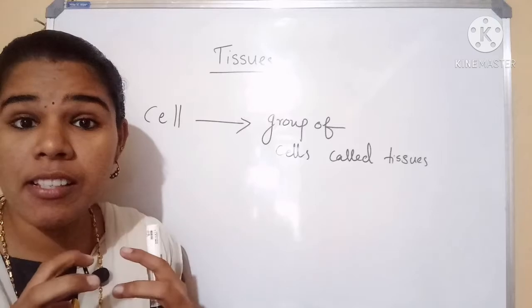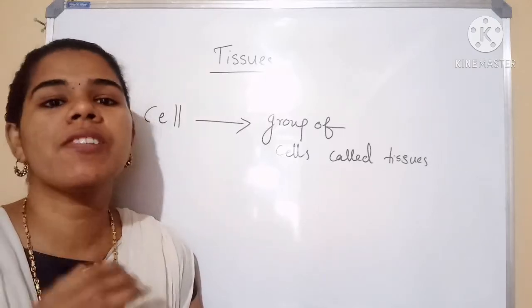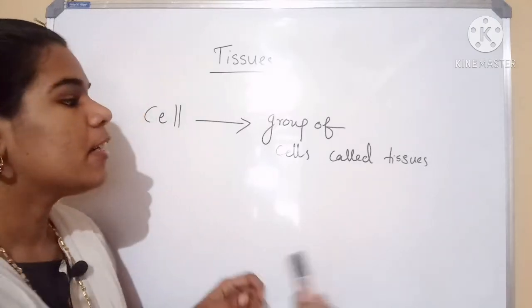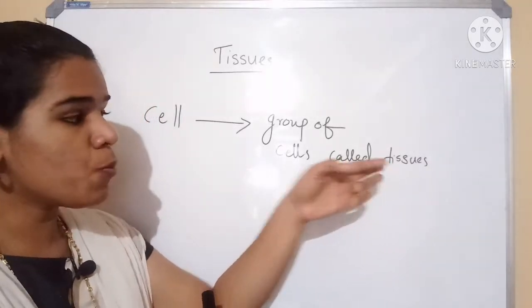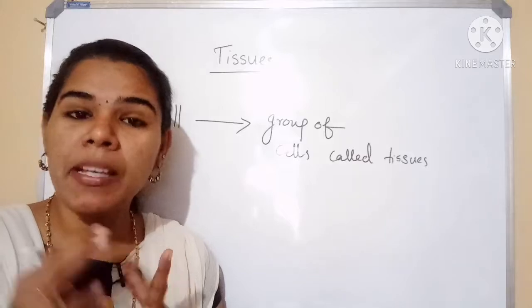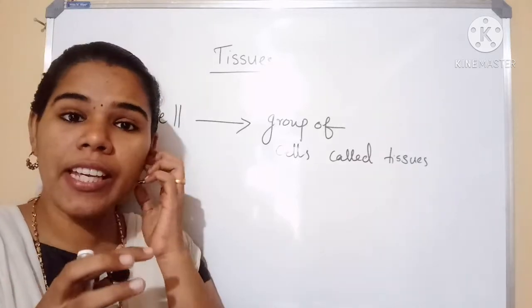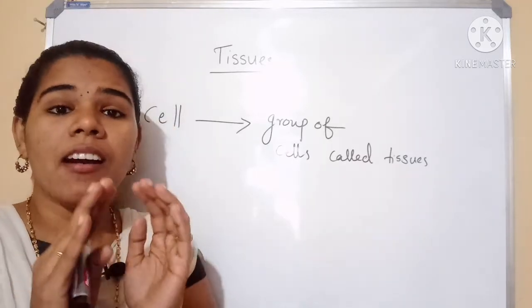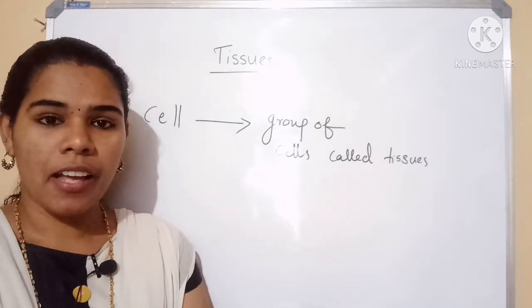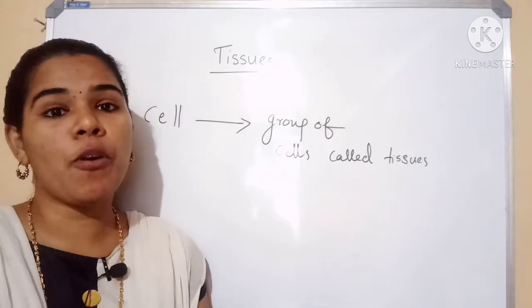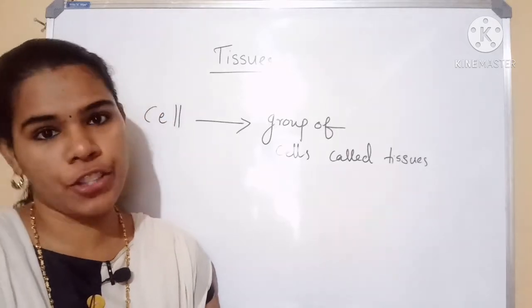So a cluster of cells or a group of cells is called tissues. Tissues are similar in structure, and work together to perform a particular function.